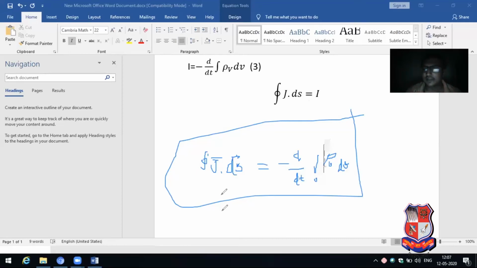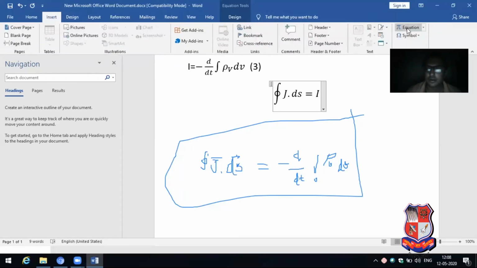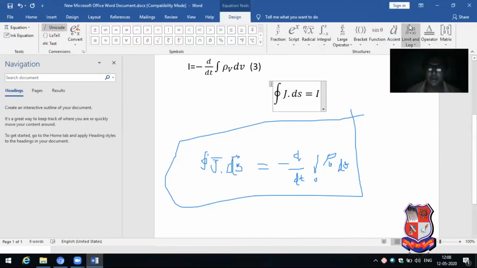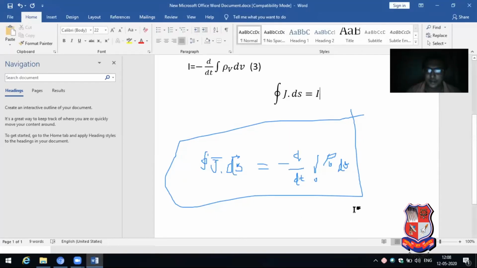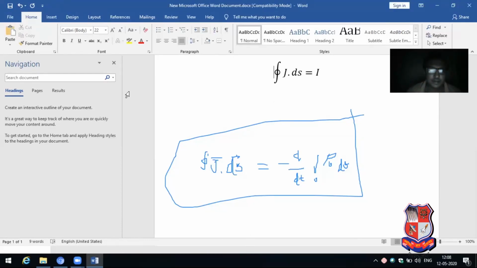Now we can use the concept of the divergence theorem. See, this is the integral form. So we can directly obtain the point form of the Maxwell equation.